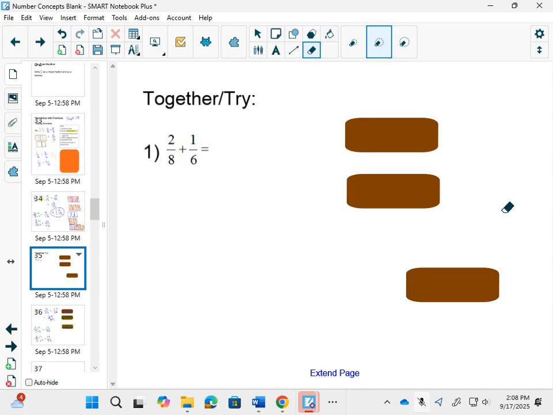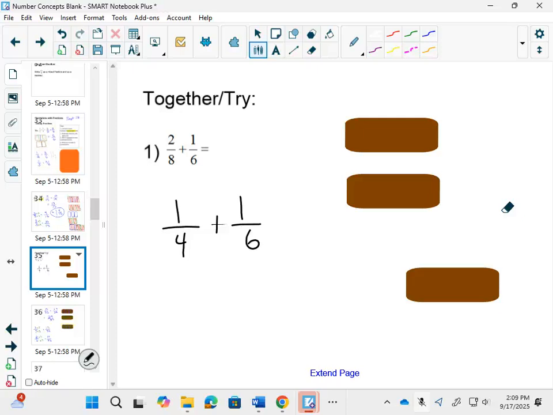There we go. Reduce. We noticed the 2 and the 8 we could reduce to 1/4. Now, 24 does work. 4 times 6 is 24. It does work as a way to get the pieces the same size, but there is a smaller number.